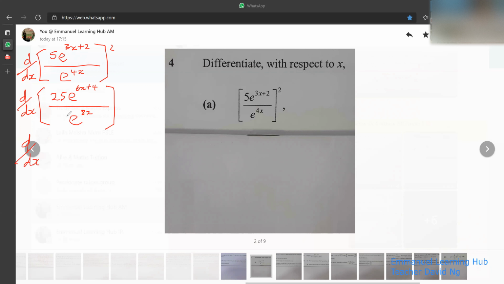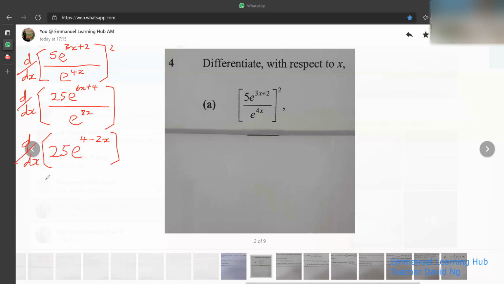You'll be very tempted to apply the quotient rule, I know, but don't. You still can simplify. Okay, 6x minus 8x is minus 2x. That's how you get this. Any question?